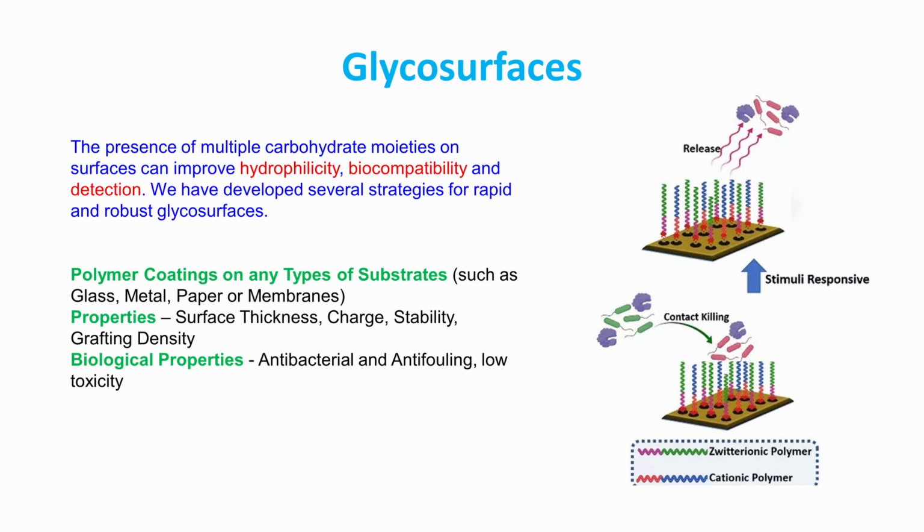We use prebiotic chemistry to make those surfaces, which is quite interesting. We can quickly functionalize any kind of surface, but we also use dopamine chemistry. I'm not going to talk about this aspect in this talk, but I will focus mostly on the drug therapeutics, hydrogel, and the nucleic acid therapeutics.